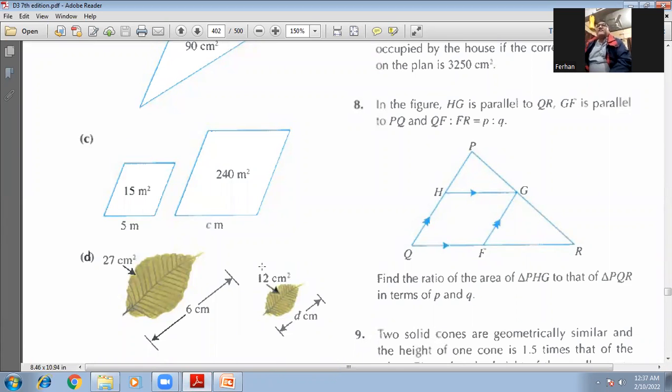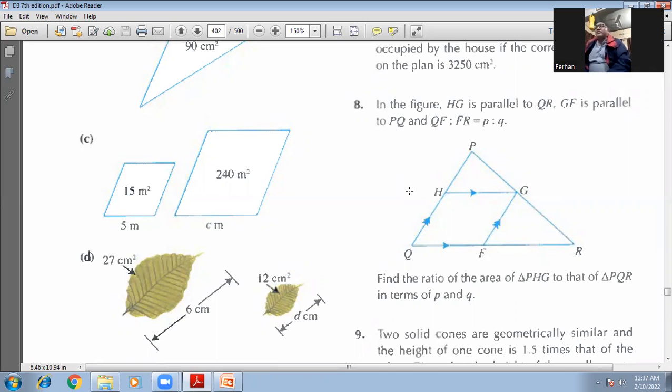Question number 8, in the figure HG is parallel to QR. You see this HG is parallel to the QR, the whole thing. GF is parallel to PQ, so parallel to this thing.